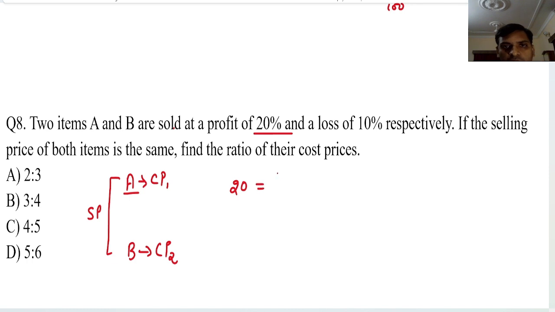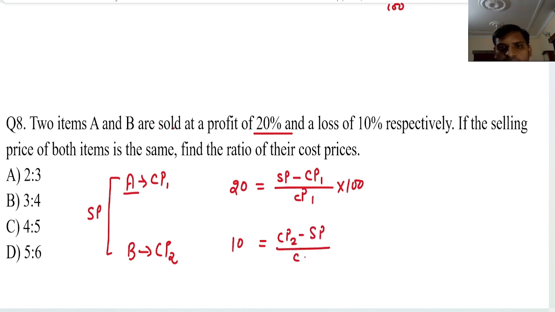So the formula is 20% gain equals SP minus CP1, divided by CP1, multiplied by 100. This is the formula for gain percent. And for loss percent, 10 equals CP2 minus SP divided by CP2 multiplied by 100. So we will put values in this. SP is fixed but CP is not fixed, so we need to find CP.